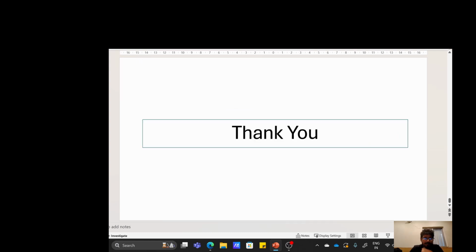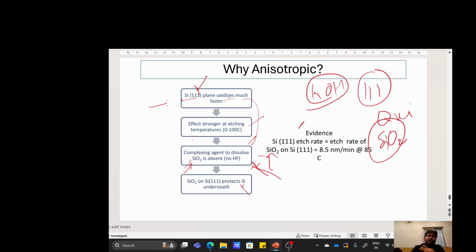So that is fine. We are not using HF, so that is why the anisotropy is there. If we had used HF, whatever oxidation is there would get removed.